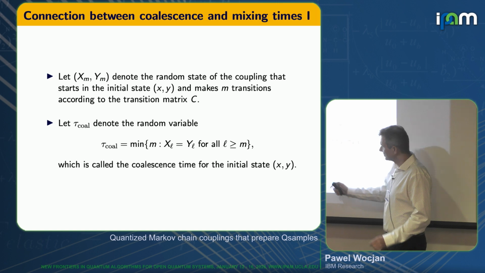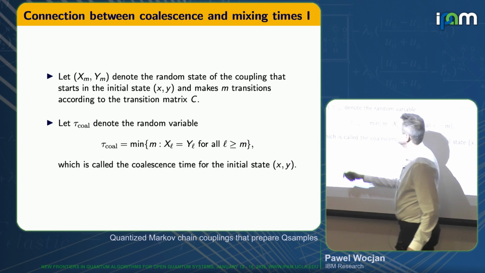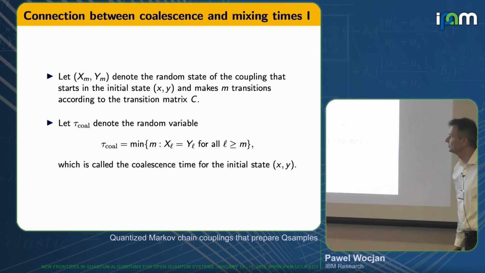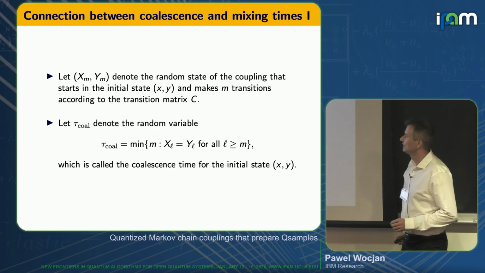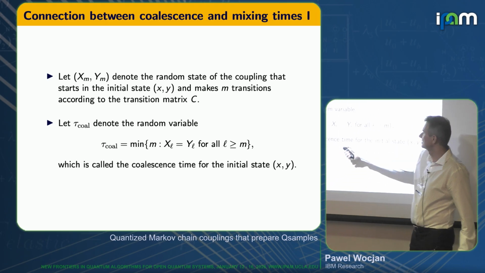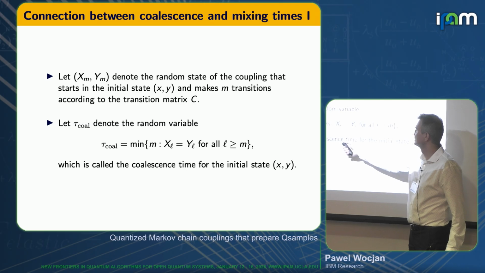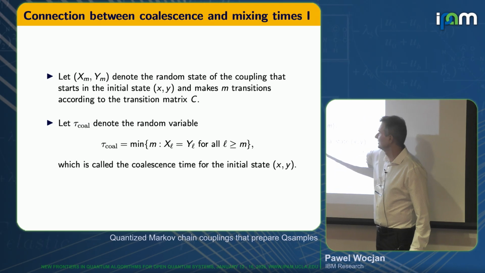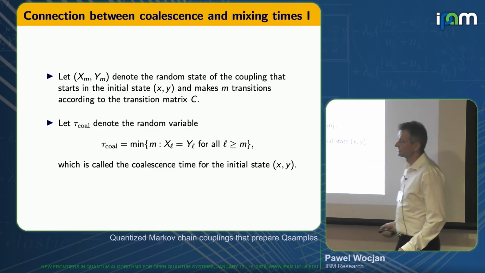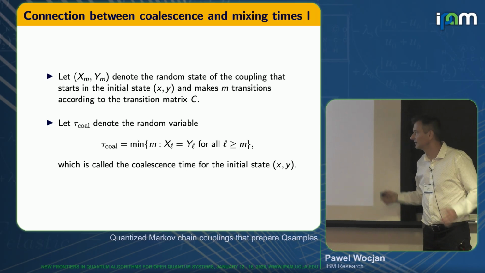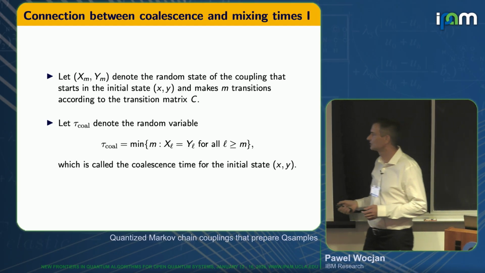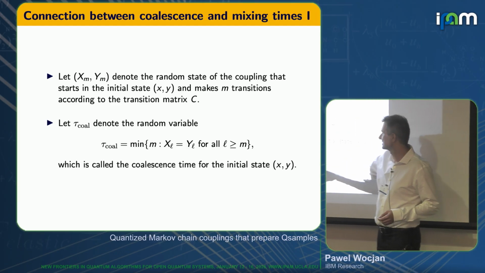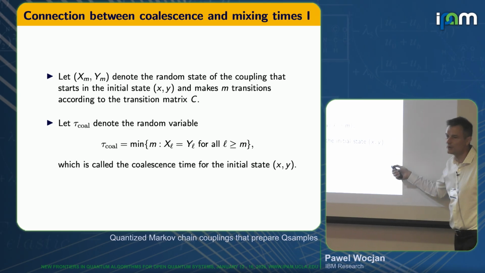And let tau coalescence denote this random variable: what is the smallest m such that Alice and Bob are at the same spot for the first time? This is called the coalescence time for the initial state (x, y).